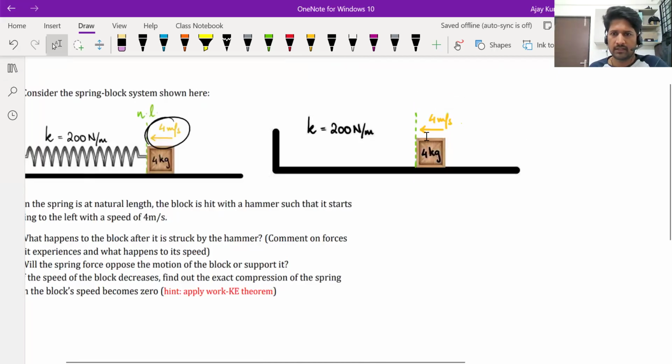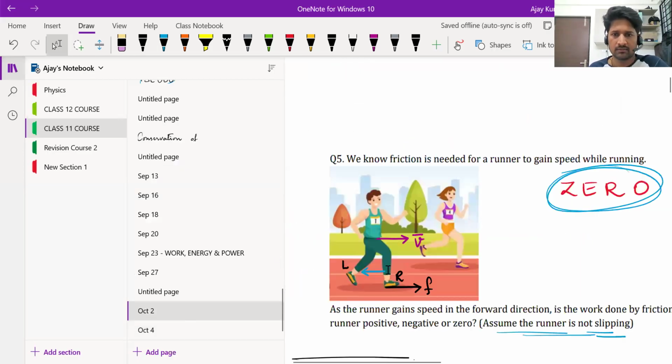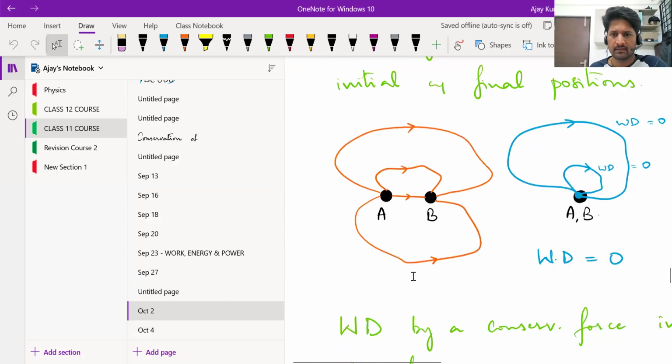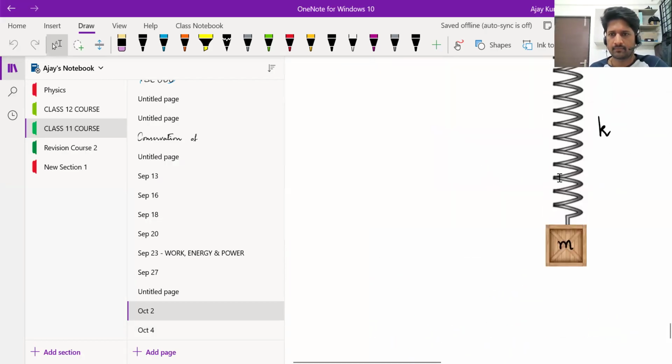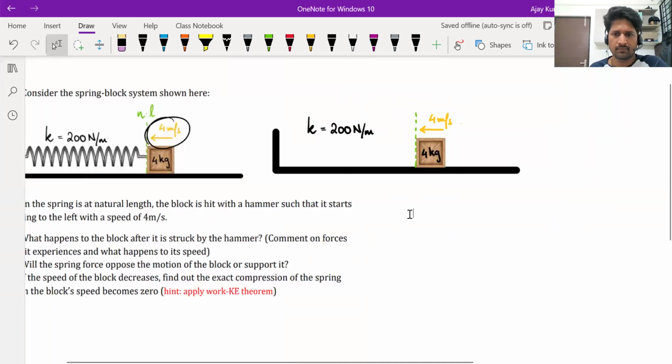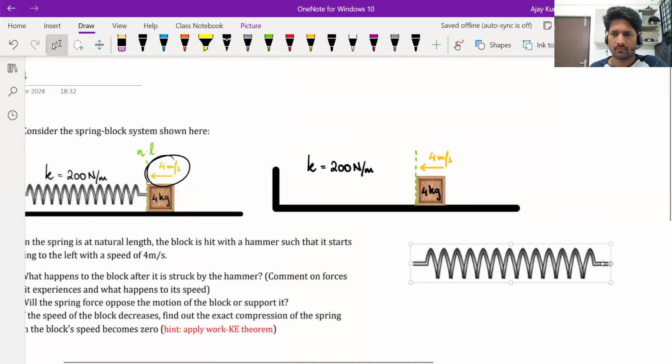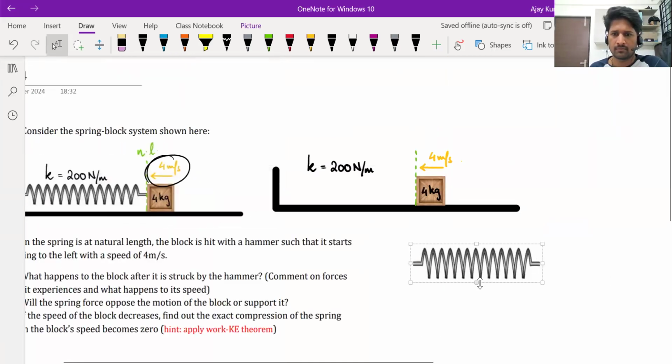Okay, from that natural length position, where is the spring? Right.